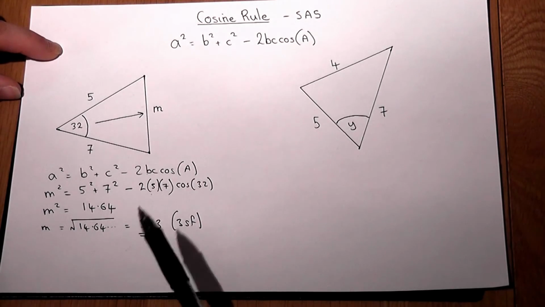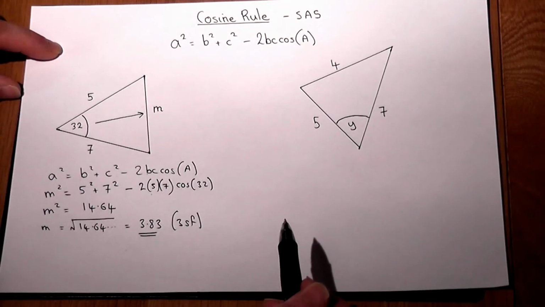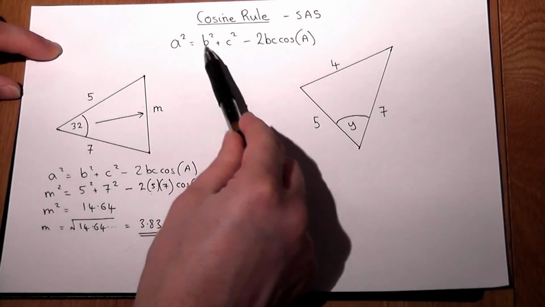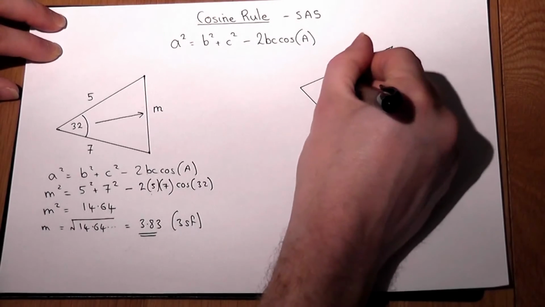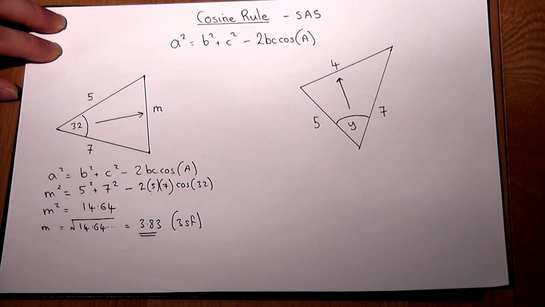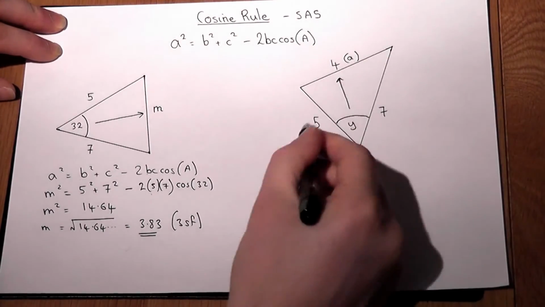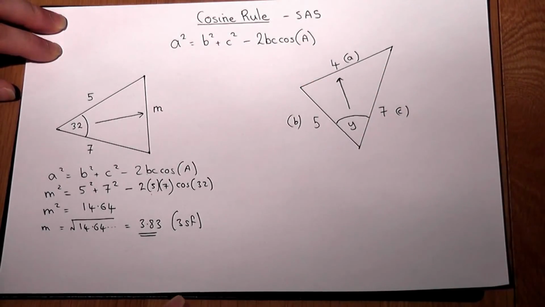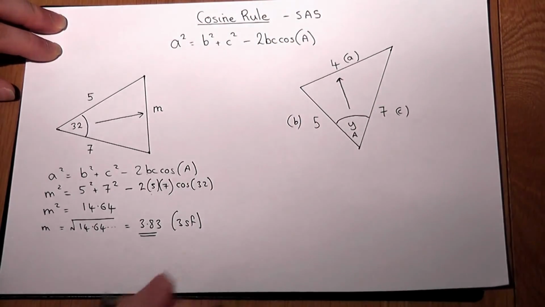Now we can also use the cosine rule to find an angle given three sides. And again, the trick here is to identify in this rule which side is which. Now A is always the side opposite the angle in question, in this case y. So that's A, and then B and C are just the other two sides in any order, and A is the angle in question, so y is the angle.